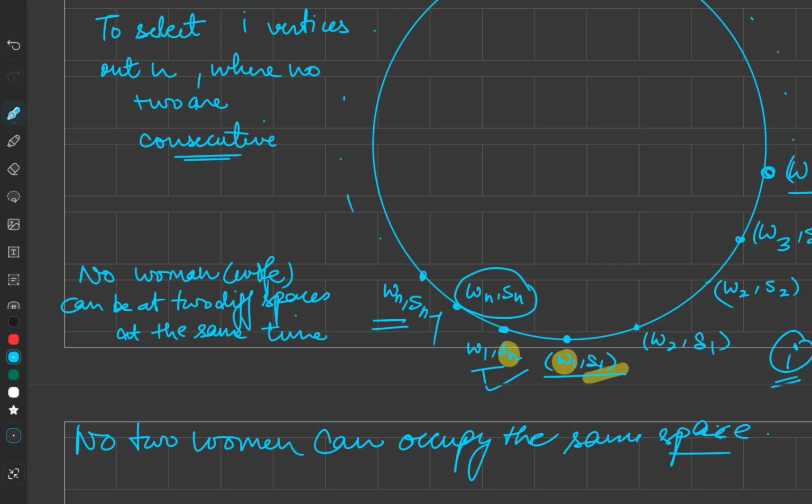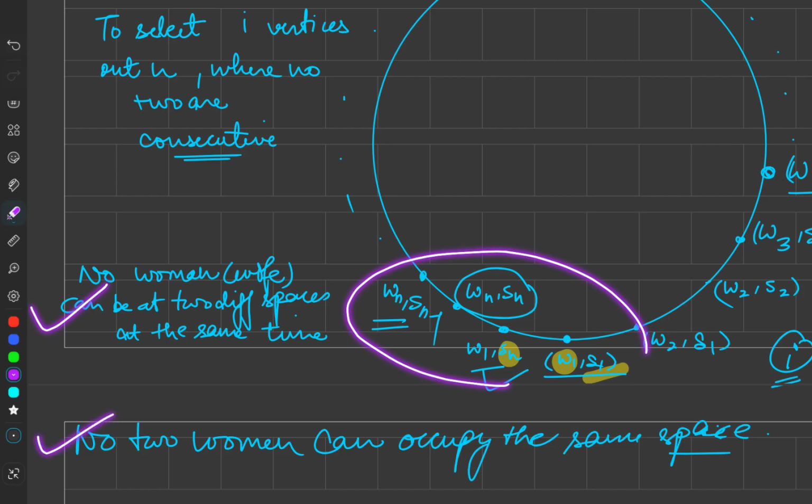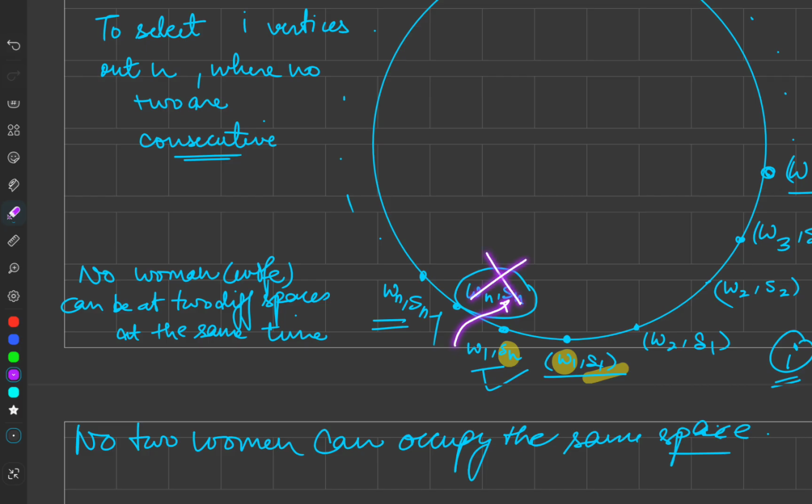This non-consecutive logic satisfies both these conditions, right? Because if w1 sn is selected, the other one sitting in sn is already rejected, and the other position of w1, that is s1, is already rejected. So only this case remains. So this satisfies our condition.